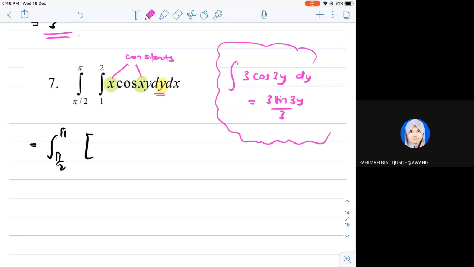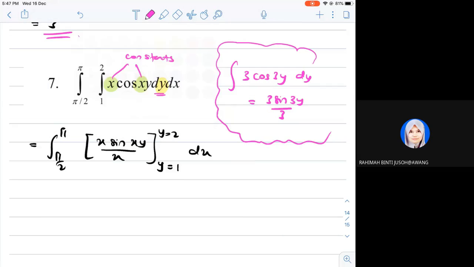So kalau you integrate 3 cos 3y ni dapat apa? 3 sin 3y over 3, isn't it? So the same thing happen here. Okay, saya tukar je tadi tu, x tu jadi nombor 3. So dalam kes ni, if we integrate, we will have x sin xy over x, right? Because x is the constant. So substitute y equals to 1, y equals to 2, dx.